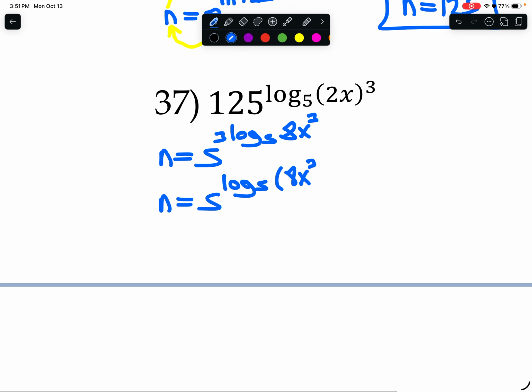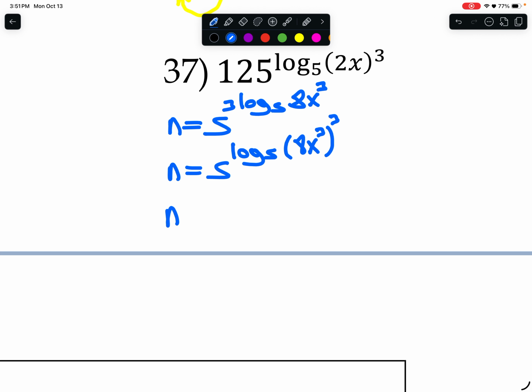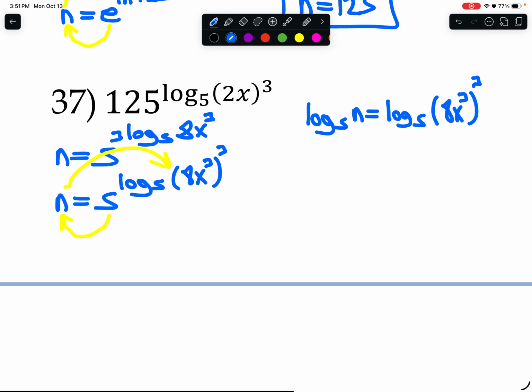All cubed. Cubed again. And then now I'm ready to rewrite. So I'm in exponential form, so I want log form. So log base 5 of n is equal to that exponent. So this is going to be log base 5 of n is equal to log base 5 of 8x cubed, all cubed.